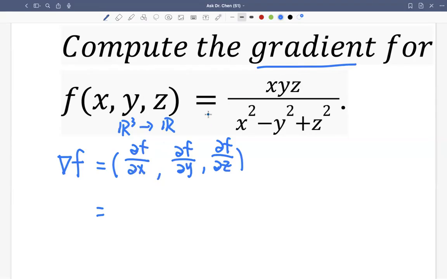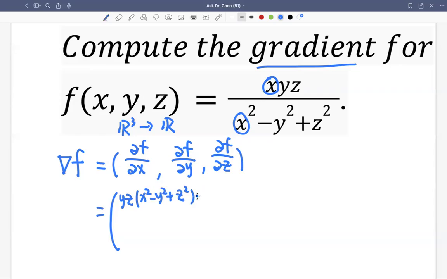in terms of x, which means only x is a variable. Then y and z we're going to treat as constants. So let's do that. We see x appears in the numerator, x appears in the denominator, so we have to use the quotient rule. We take the derivative of the top, the numerator, and we get yz. Then we multiply by the denominator, x squared minus y squared plus z squared.